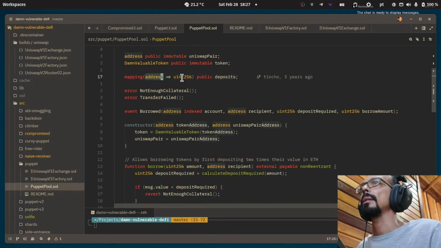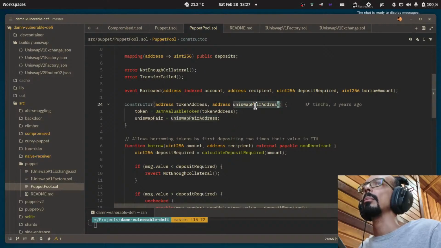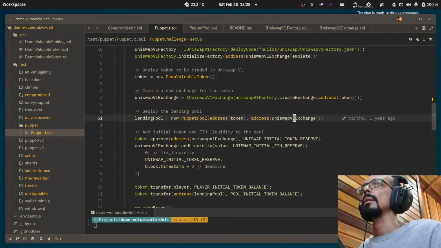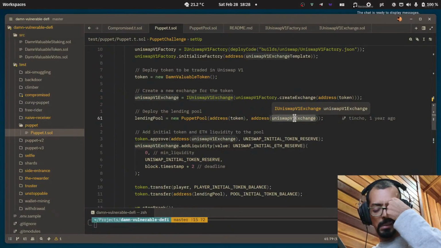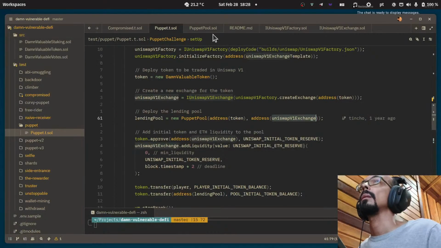So who has deposits? How much deposit do they have? They define the Uniswap pair address in the constructor. So if you go back here, we can see they call the exchange. Yeah, makes sense.